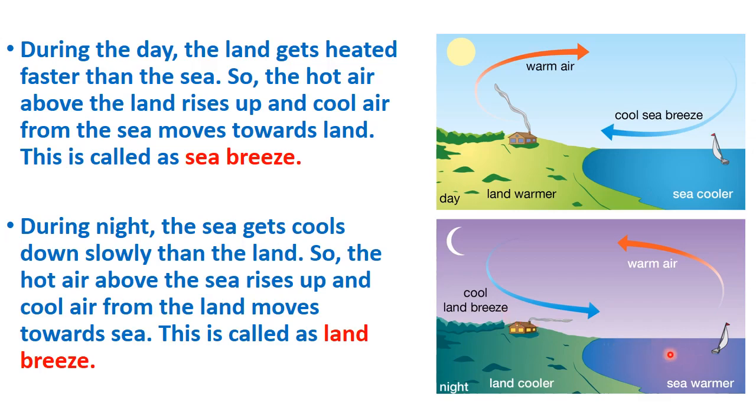So the movement of air from land to sea is called land breeze. Sea breeze is the movement of air from sea to land, and land breeze is the movement of air from land to sea. So are you clear about these two terms? So this was about sea breeze and land breeze.